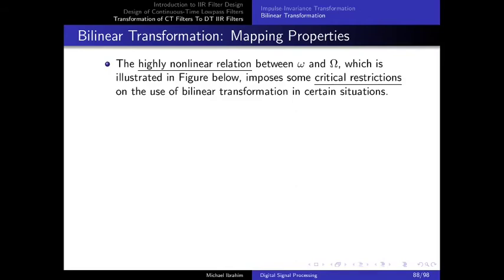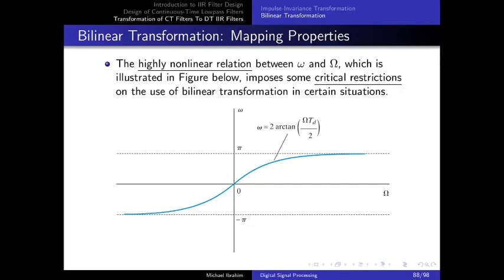And as you can see over here, we have a highly nonlinear relation between lowercase omega and uppercase omega. And this nonlinearity imposes some critical restrictions on the use of the bilinear transformation.